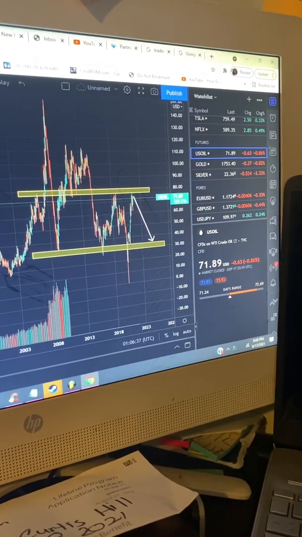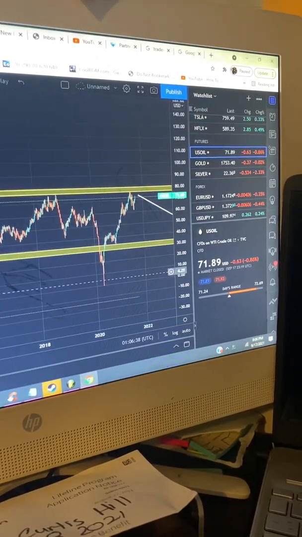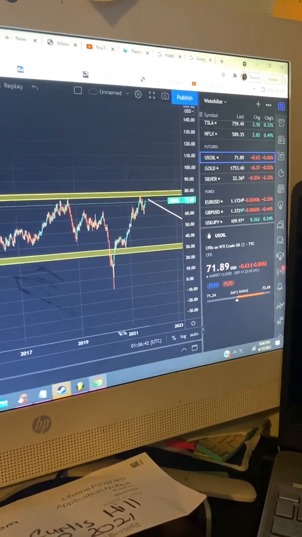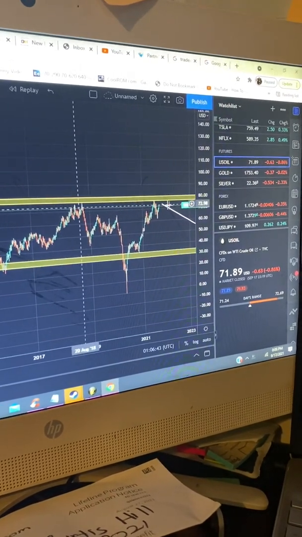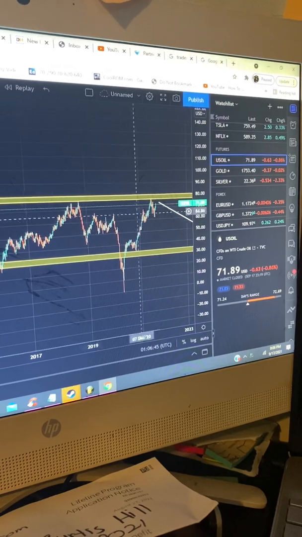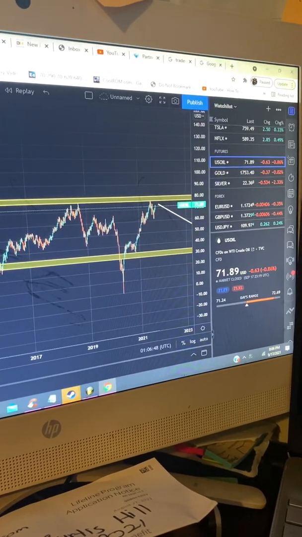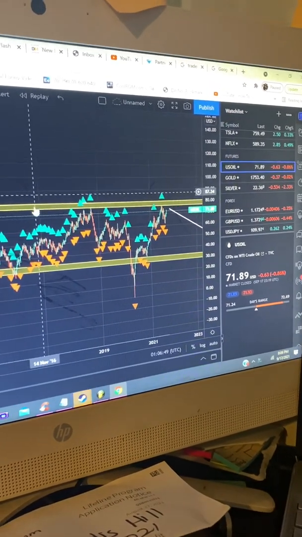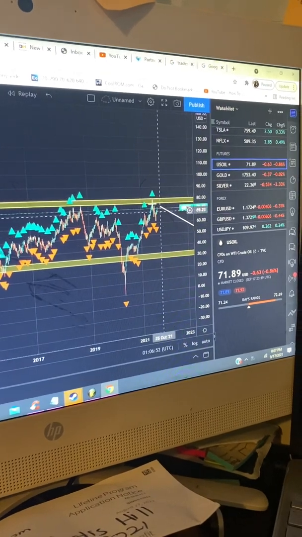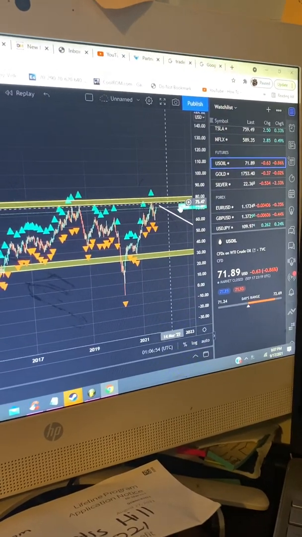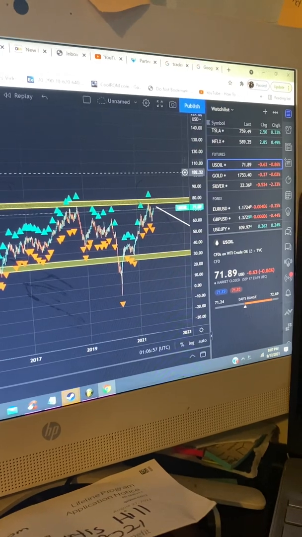Let's go to the week. So not only did we have that double top on the monthly, if we put freckles in on the weekly, we have weekly freckles on that retest area. Strong retest area, right?